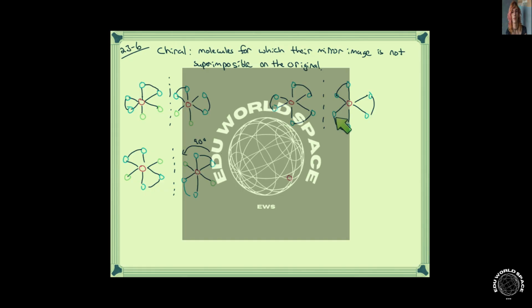This one will be over here. So we will have this blue one over here connected to the bottom. So we'll have a blue one over here connecting to the bottom, not to the top. So rotating this 180 degrees, in order to get this over to here, we now have something that is not the same, so it's not superimposable upon the original, so this one would be chiral.